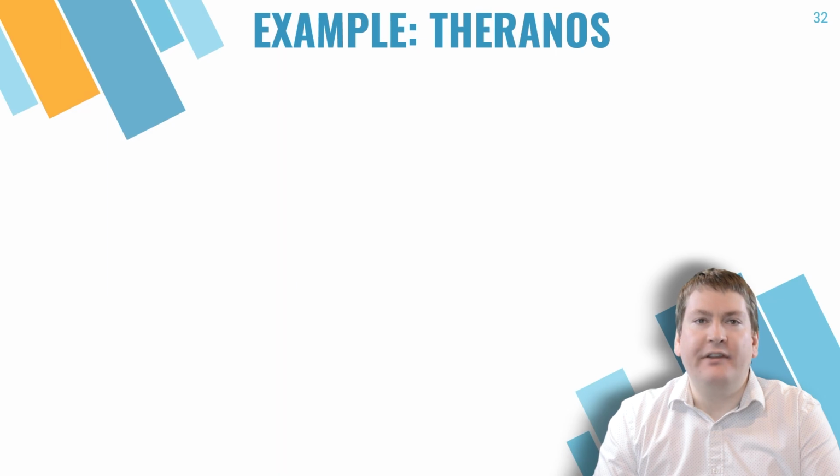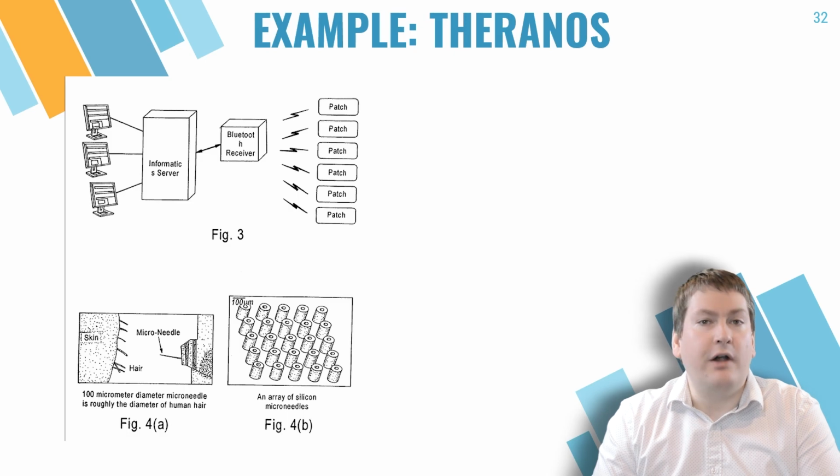Theranos was a breakthrough health technology company founded by Elizabeth Holmes in 2003 at the age of only 19. Holmes claimed that they had developed a wearable patch that was able to administer drugs to patients remotely and even monitor their blood constantly. She was so certain of their ability to create this product that they patented the idea, and she dropped out of Stanford to found Theranos.